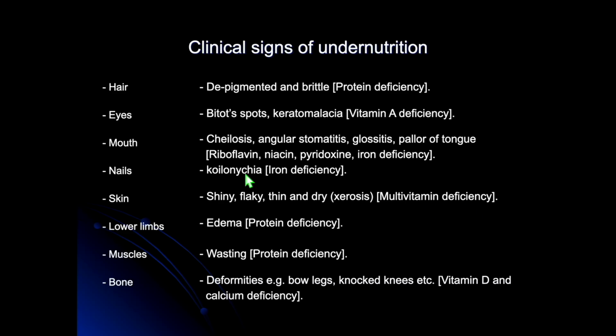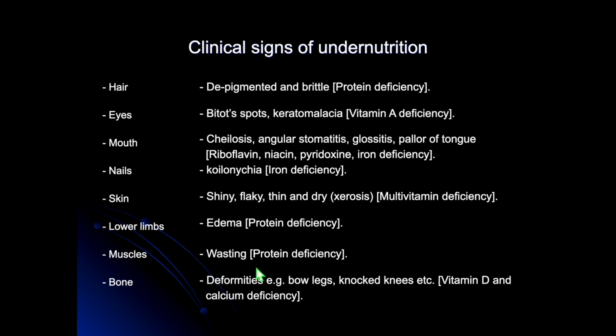So when hair becomes depigmented and brittle, eyes show Bitot's spot, keratomalacia, mouth shows abnormal findings such as cheilosis, angular stomatitis, glossitis, pallor of the tongue, nails show koilonychia, skin becomes shiny, flaky, thin and dry, lower limbs show edema, muscles are wasted, and bones show deformities like bow legs, knock knees, etc.